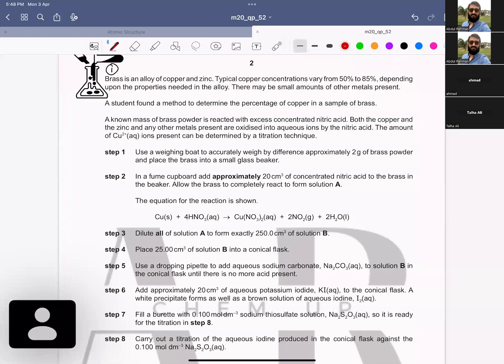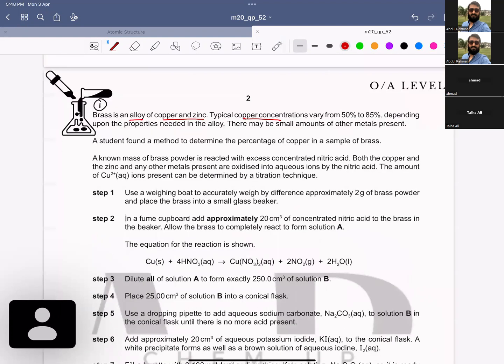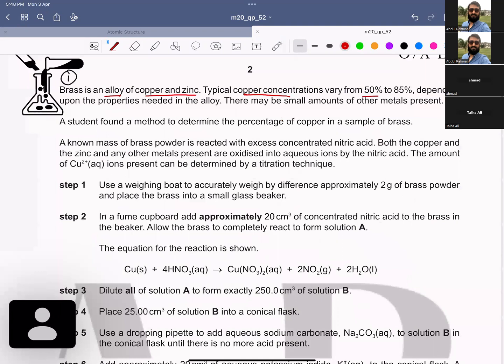Brass is an alloy of copper and zinc. Typical copper concentrations vary from 50 to 80% depending upon the properties needed in the alloy.